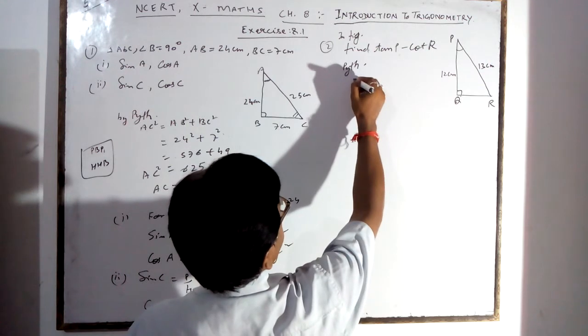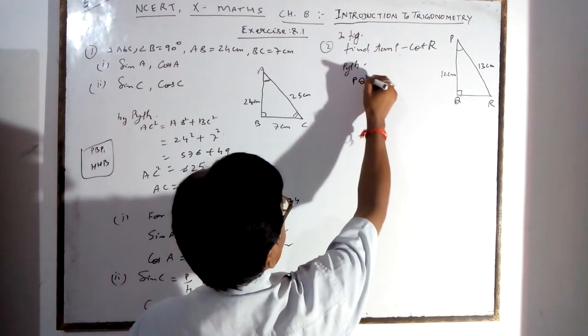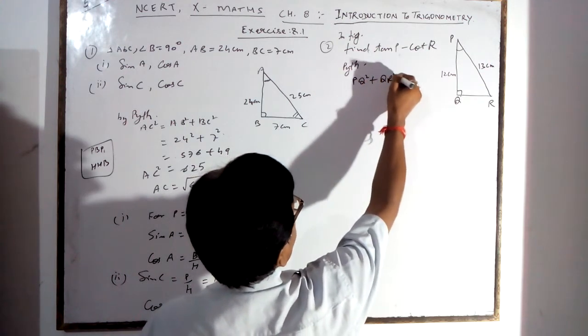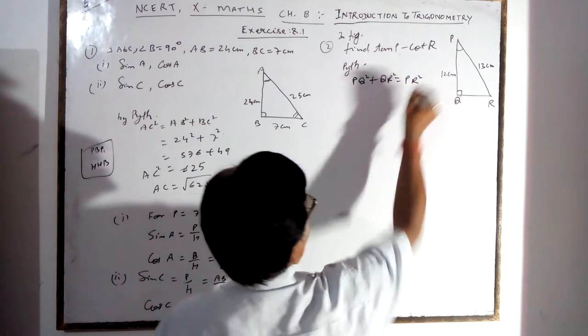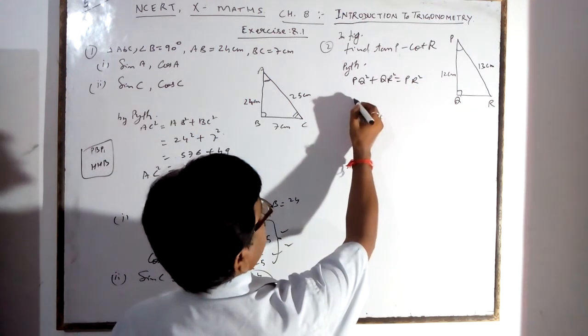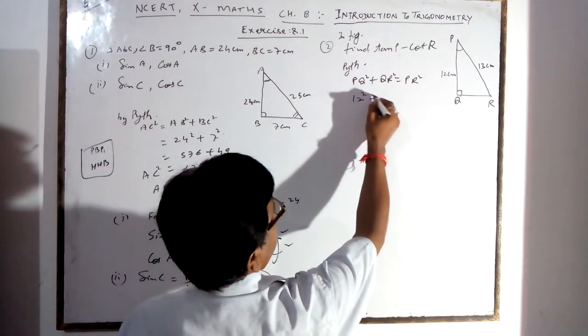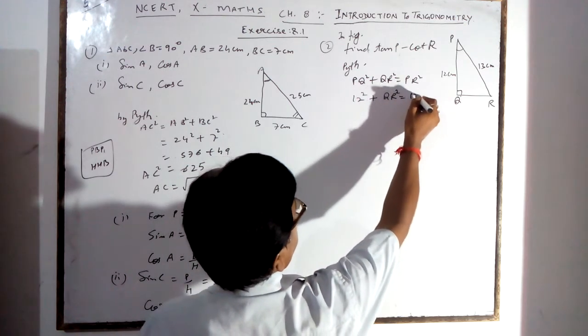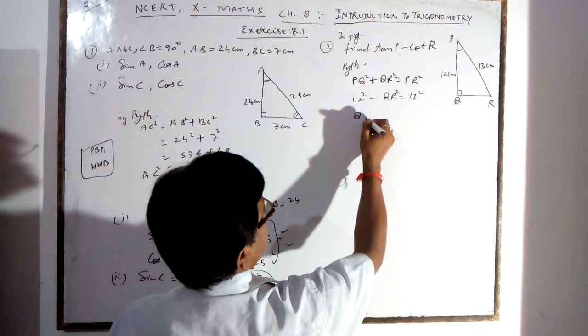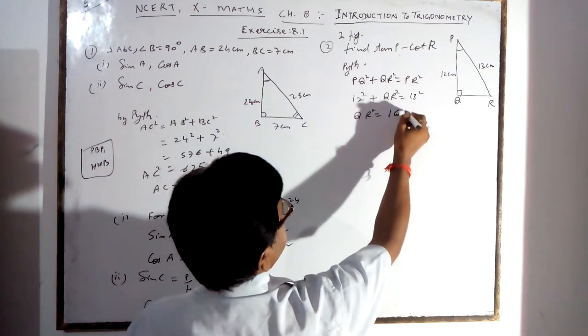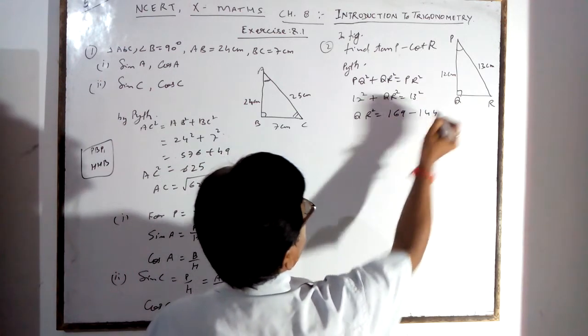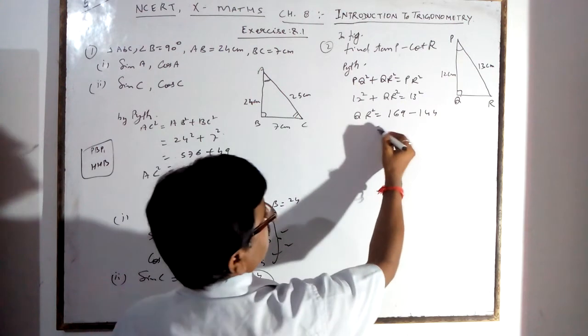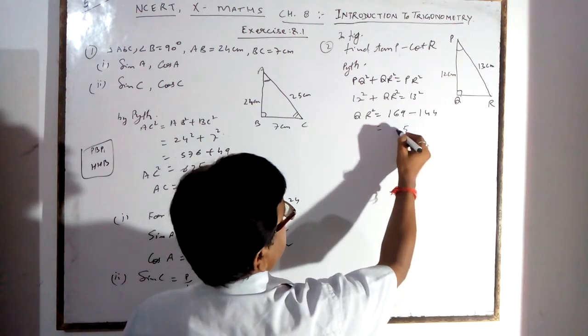By Pythagoras, PQ square plus QR square is equal to PR square. Then PQ square is 12 square, plus QR square is equal to 13 square. So QR square is equal to 169 minus 144, and you are getting 25.